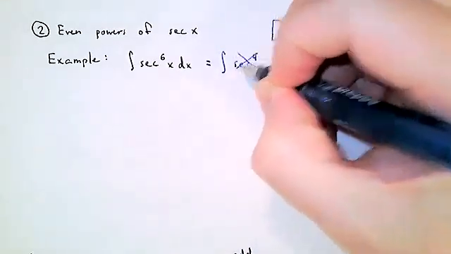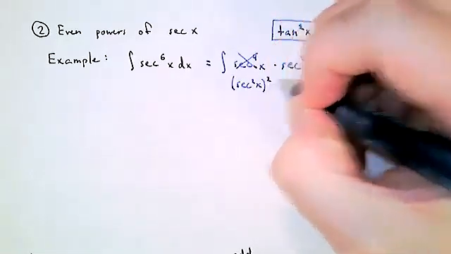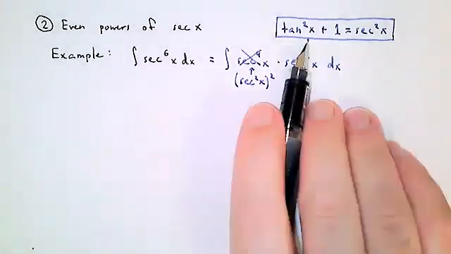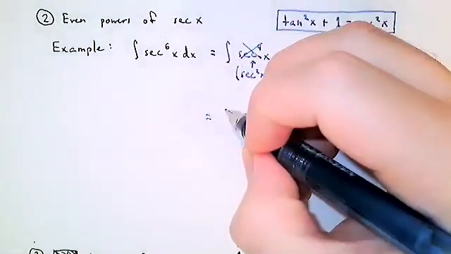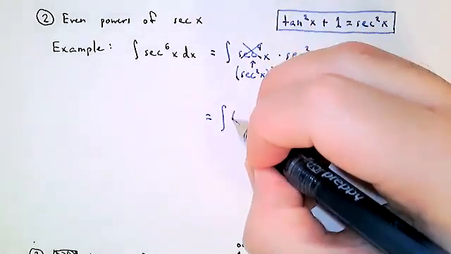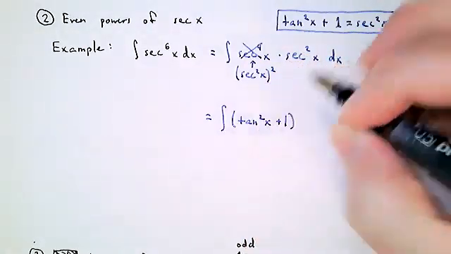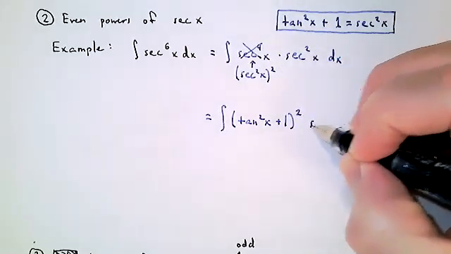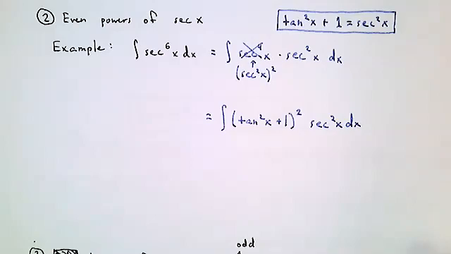Maybe I'll rewrite this as secant squared, squared. So I'm actually going to have 2 copies of this, or 2 factors, maybe is a better word. So we have tangent squared plus 1 for my secant squared, but that's squared. And then bring down the factor of secant squared that we want to leave there for our u substitution.